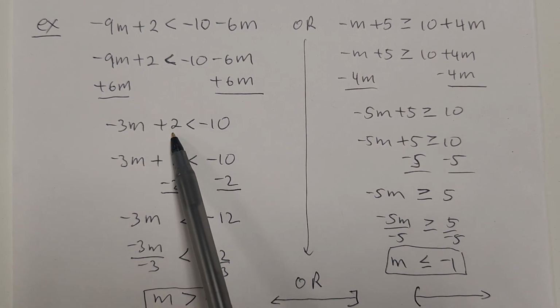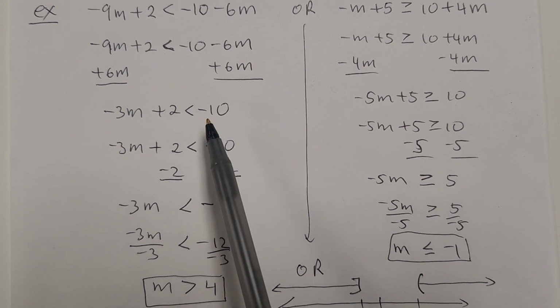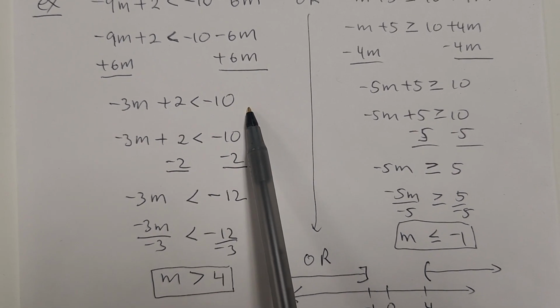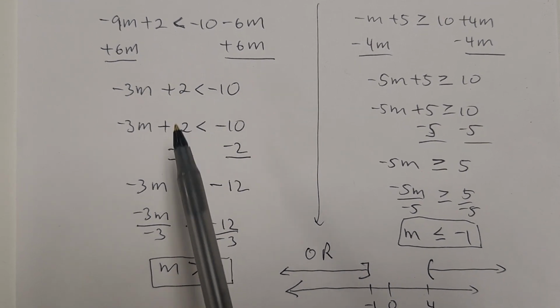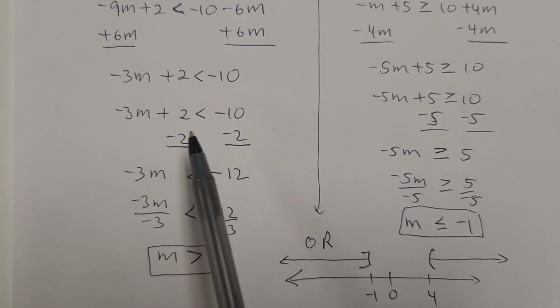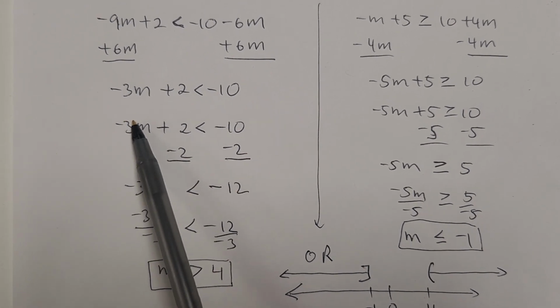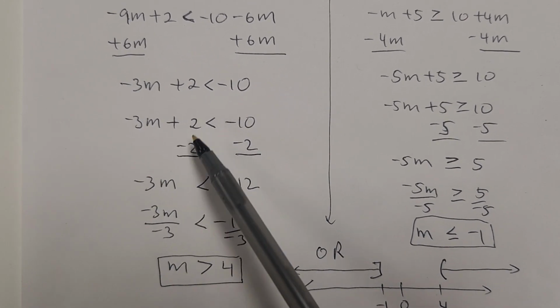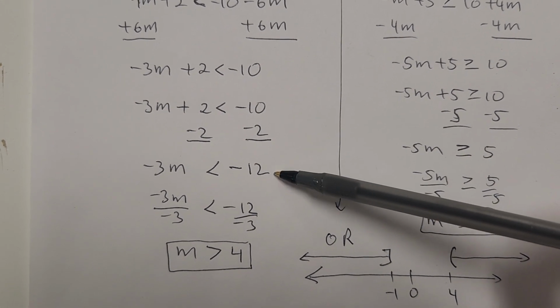This 2, I have not done anything with it, bring it down. Same thing with this negative 10. Next, I want to bring this 2 over, and since it is positive, I want to subtract 2, so I subtract here and also here. The negative 3m stays, this 2 goes away, negative 10 minus 2 gives me negative 12.